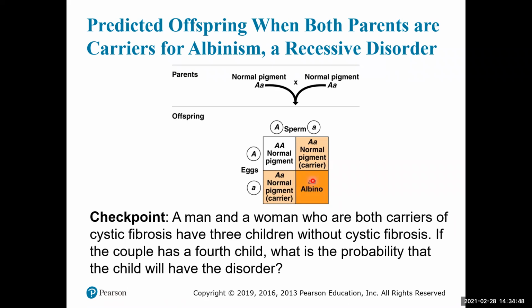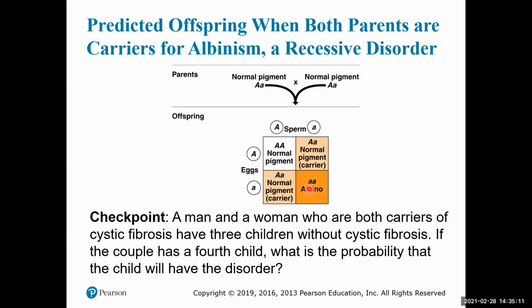So the phenotypic ratio would be 3 to 1. So 3 would be normal, 1 will have albinism, and then the genotypic ratio would be 1 to 2 to 1. 1 is a normal non-carrier, 2 is heterozygous carriers, and 1 would have the homozygous recessive disorder.